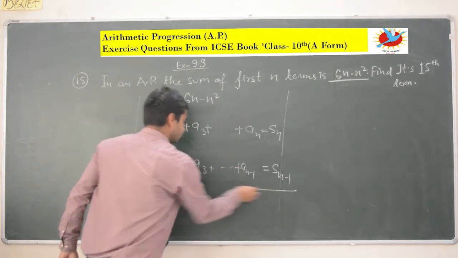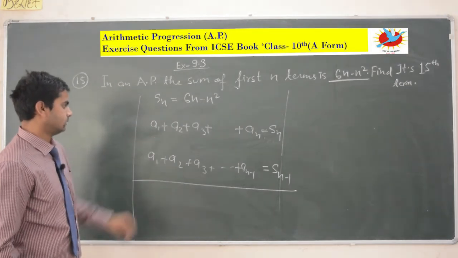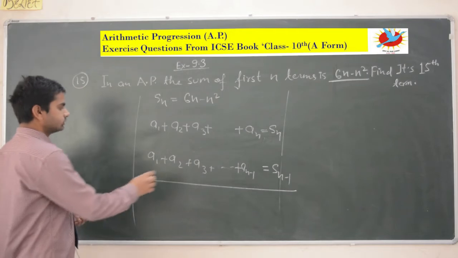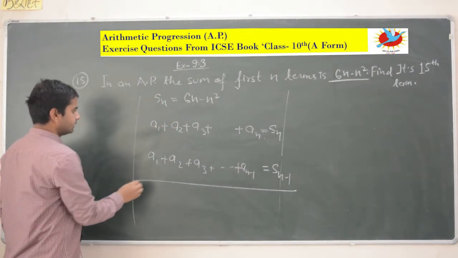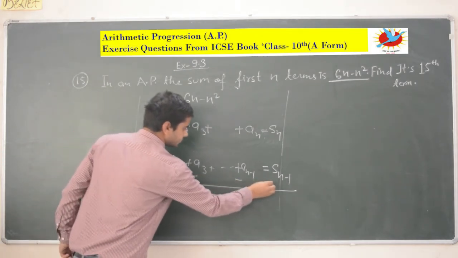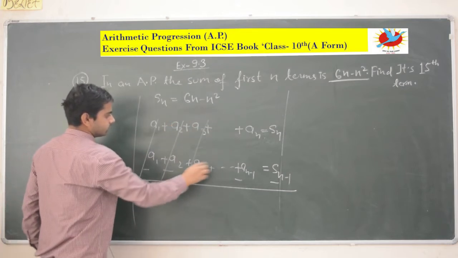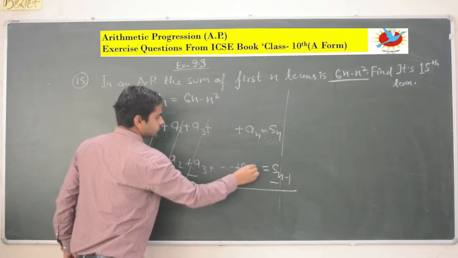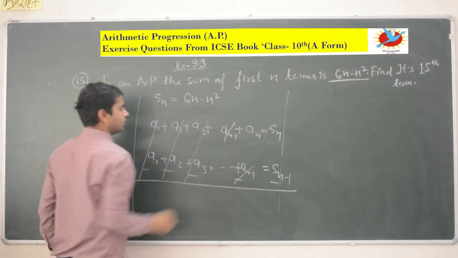If we subtract the sum of n minus 1 terms from the sum of n terms, this will become negative, negative, negative, and this will also be negative. So a1 cancels, a2 cancels, and all terms in between cancel. Here a(n minus 1) and here we also have a(n minus 1), so this will also get cancelled.